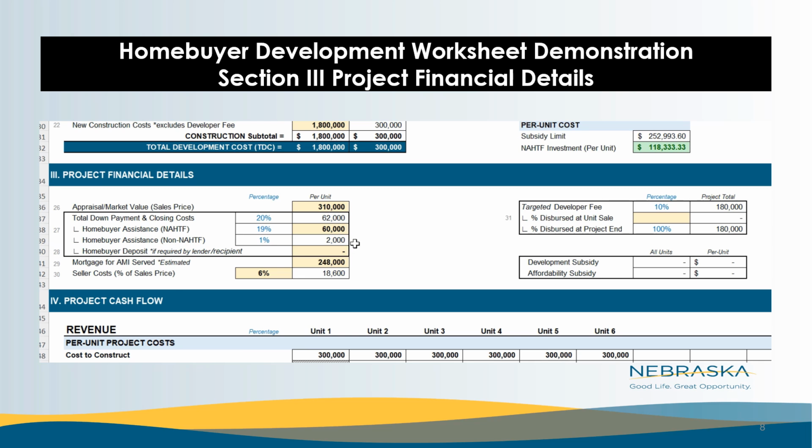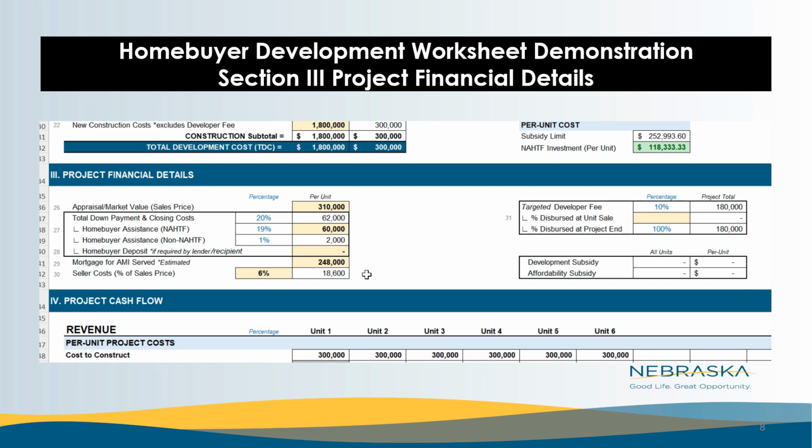The other sources, which we had a total of $12,000, which is $2,000 per unit, is automatically input using what you had put into sources and uses in Section 1. If there is a homebuyer deposit that is expected as part of your program, like for instance, $1,000 cash put down as a deposit, then that would also be factored in by entering that amount on a per unit basis right here.